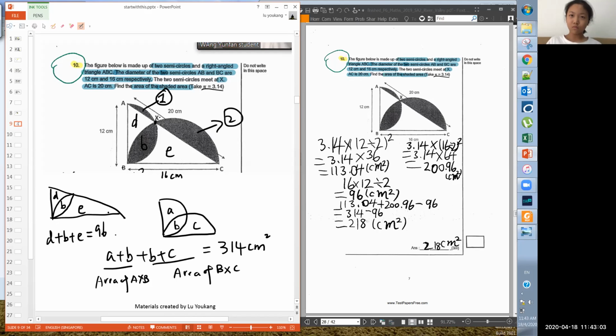Your region 2 is semicircle. Your region 2 is B plus C minus, how do you get it?